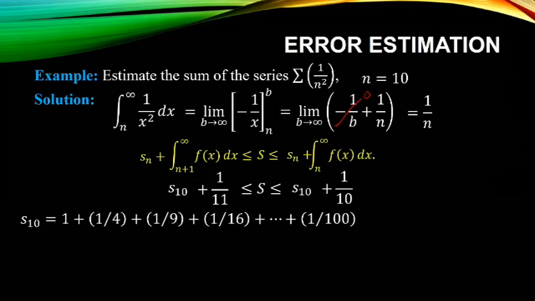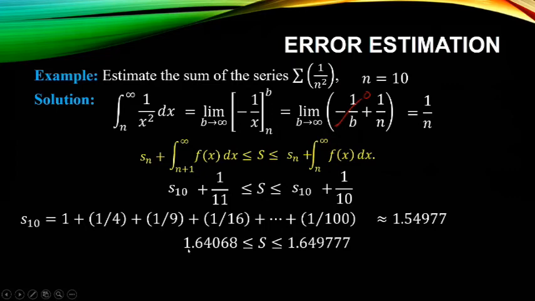Since your a sub n is 1 over n squared, with n equal to 10, we have 1 over 10 squared as the 10th term. So this is approximately 1.54977. So if we add 1 over 11 to that s sub 10, we have 1.64068. And if we add 1 over 10 to s sub 10, we have 1.649777.